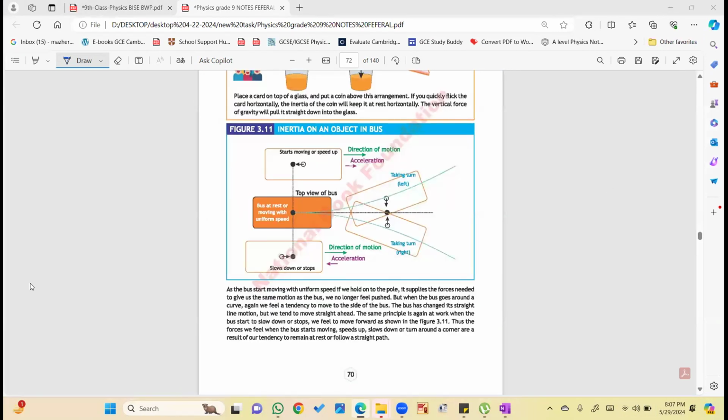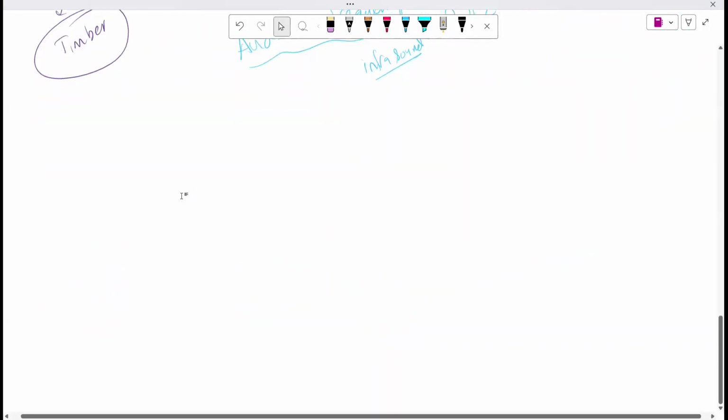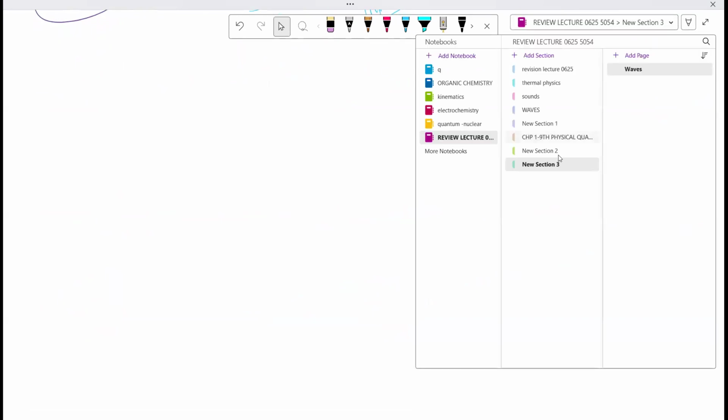Motion. Newton gave this law to understand how motion is affected by certain things around us. So Newton's first law is defined as the law of inertia.